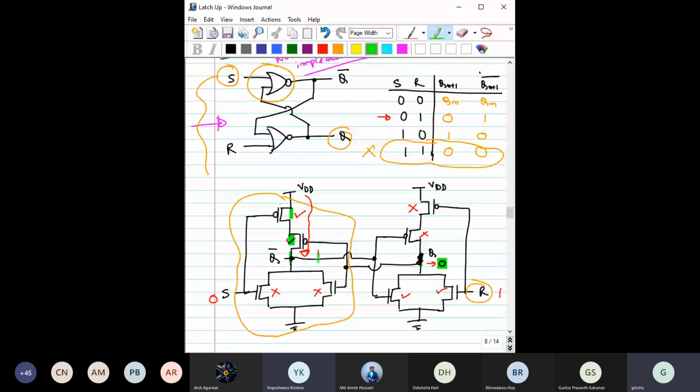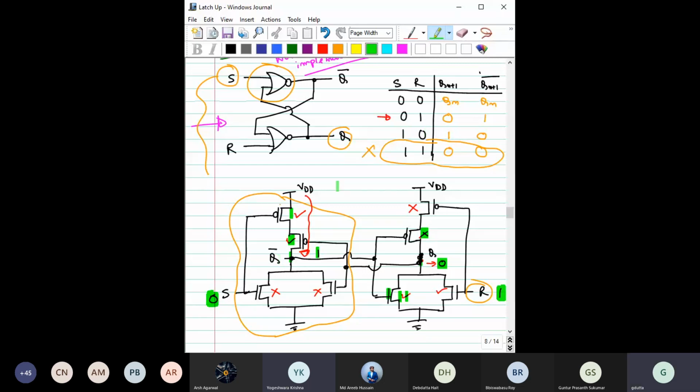This Q bar is driving these two transistors, making this NMOS on and this PMOS off. So for the 0 1 combination, the output becomes 0 and 1. So this is valid. Similarly, you can cross check it for 1 0. I am not doing it.